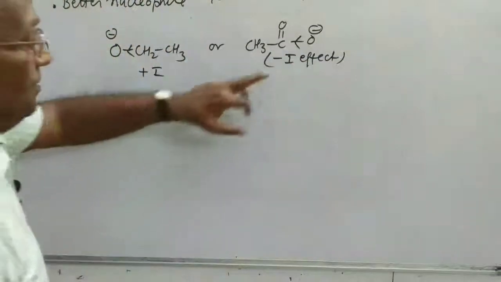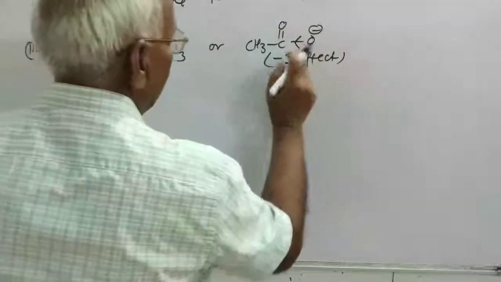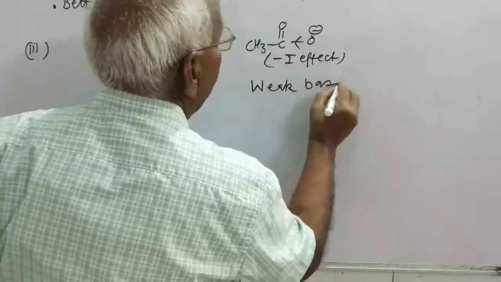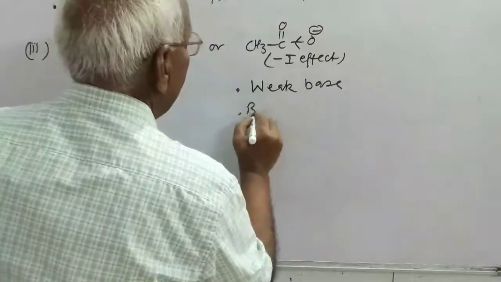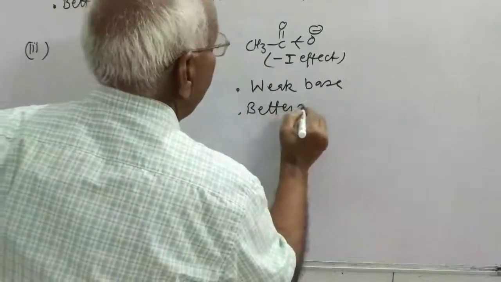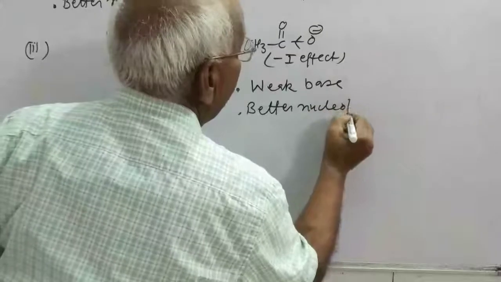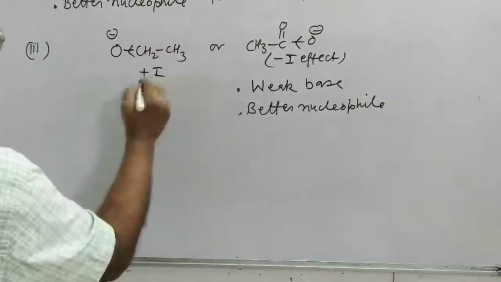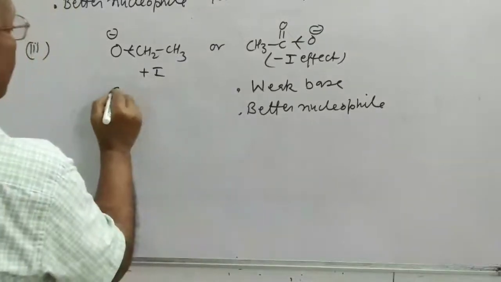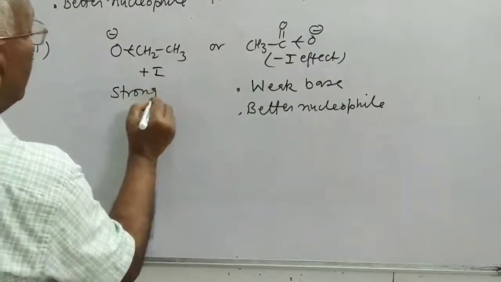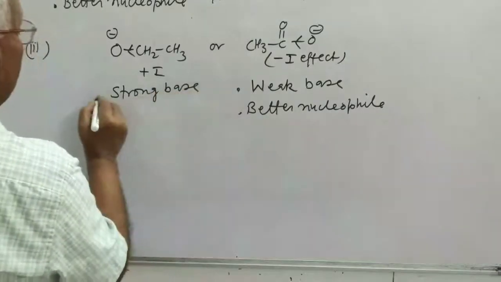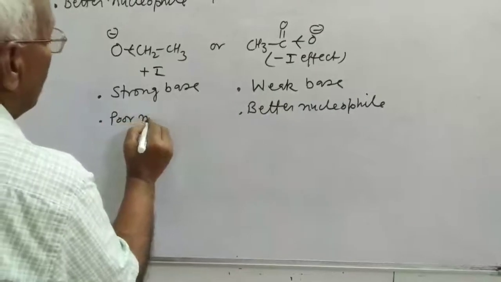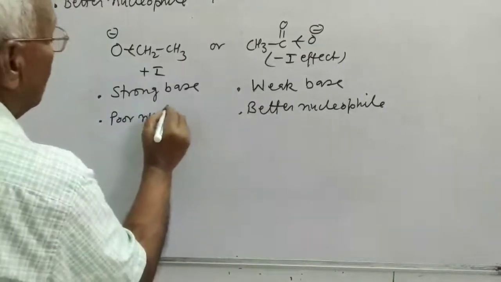The electron density is poor. So this is weak base. Weak base means better nucleophile. And this is comparatively strong base. Strong base means poor nucleophile.